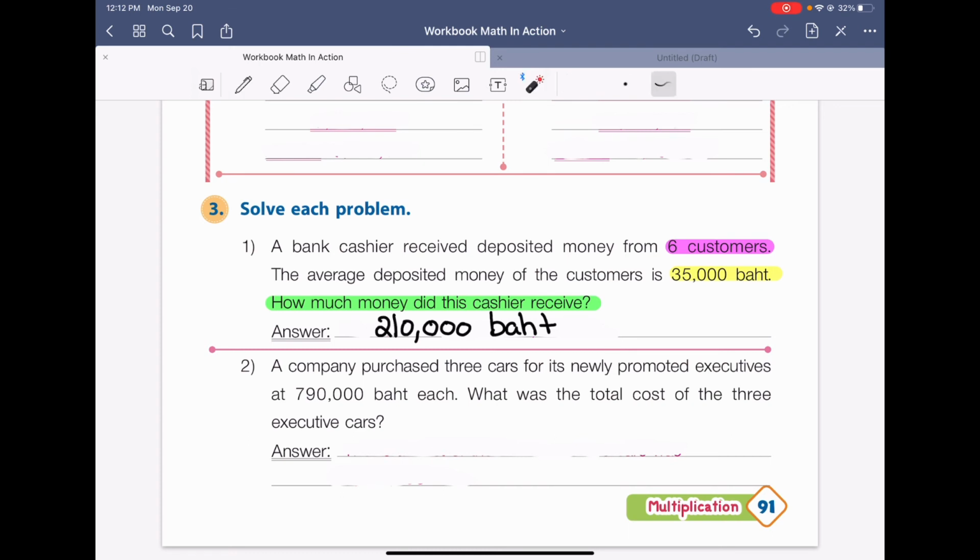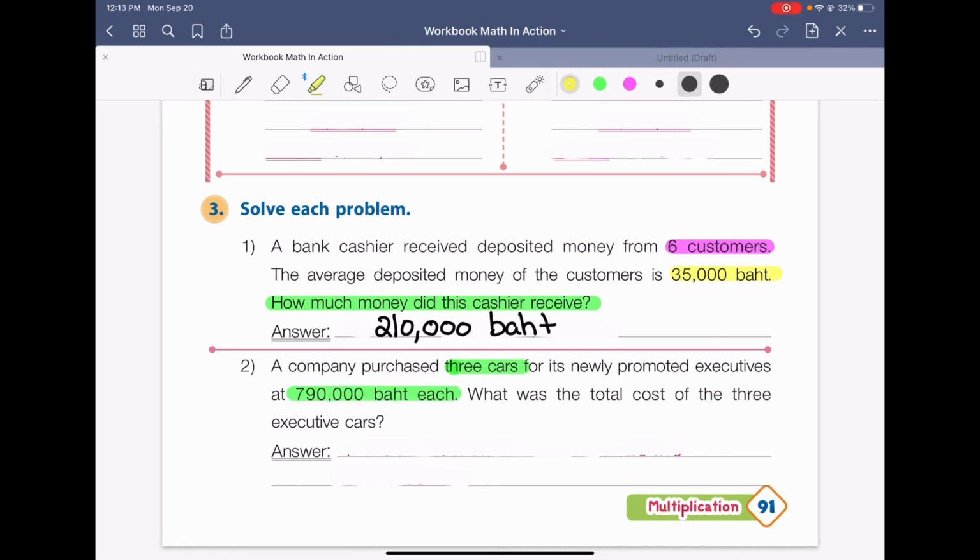All right. A company purchased 3 cars. Let's write 3 cars for its newly promoted executives, right? At 790,000 baht each. What was the total cost of the 3 cars? Let's highlight again. 790,000 baht each.